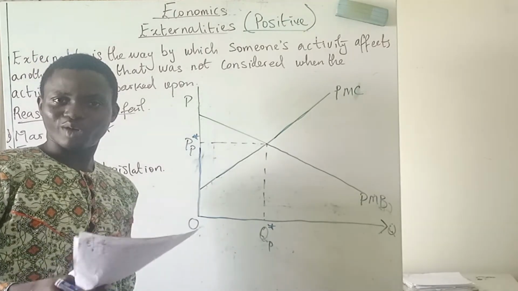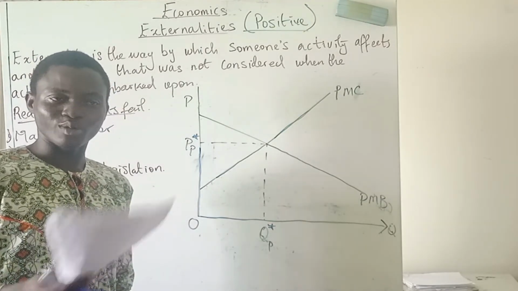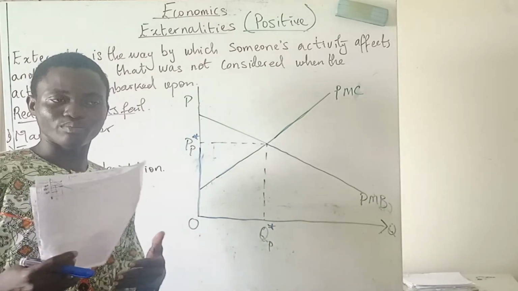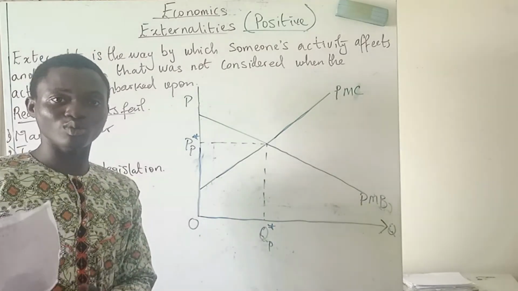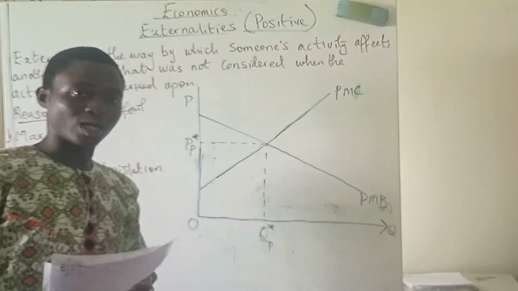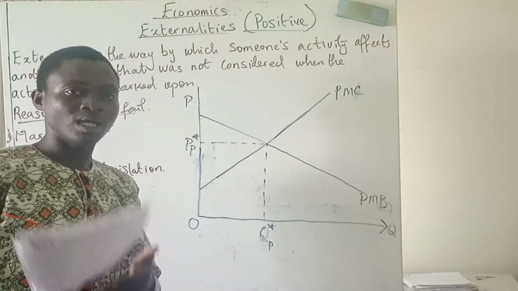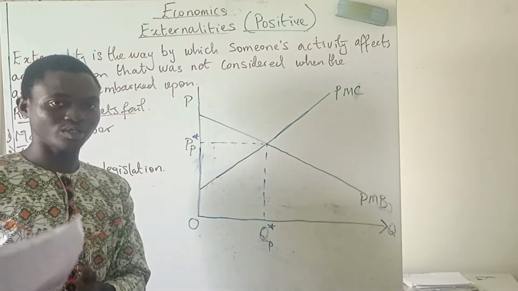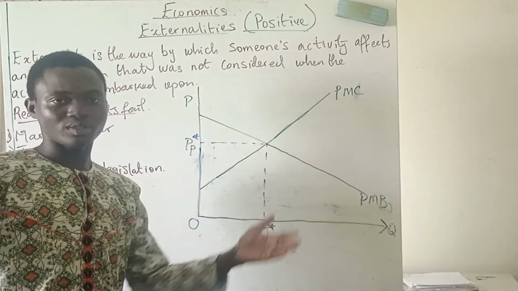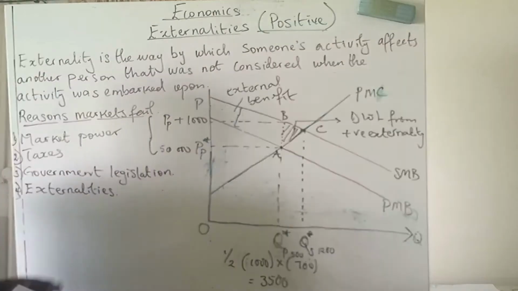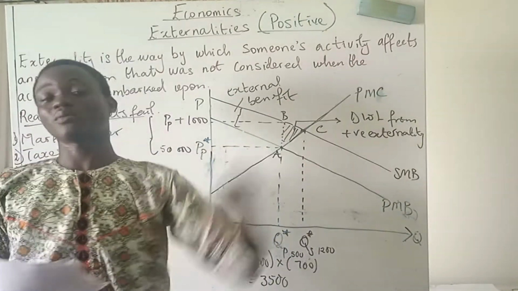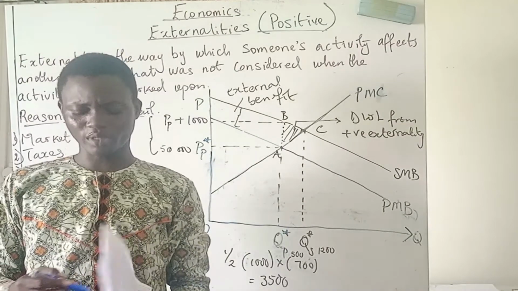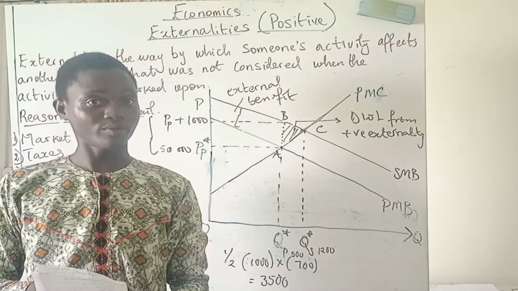So it's kind of an external benefit to the relative, because the relative is able to go to school and acquire their own education because Sarah made a choice to be educated. Now look at that across the society. People enjoying from Sarah's education will want more people to be educated than what the market is actually providing.